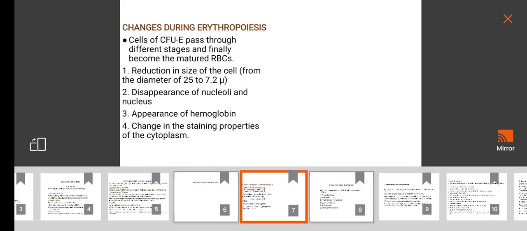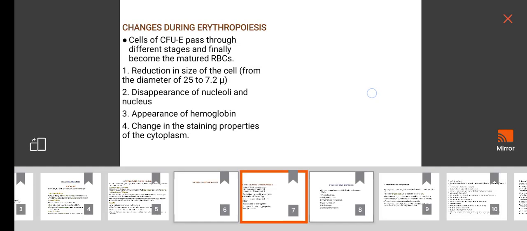Next we will see about the changes during erythropoiesis. The cells from colony forming unit E pass through different stages and finally become the matured RBCs. The changes occurring during these processes are: one is reduction in the size of the cell, from the diameter of 25 to 7.2 micron, which is the normal diameter of the red blood cell.